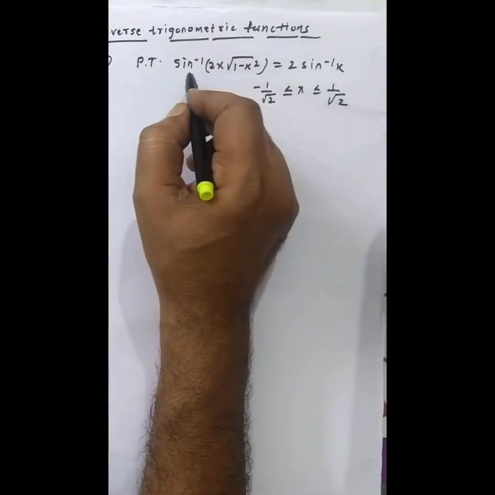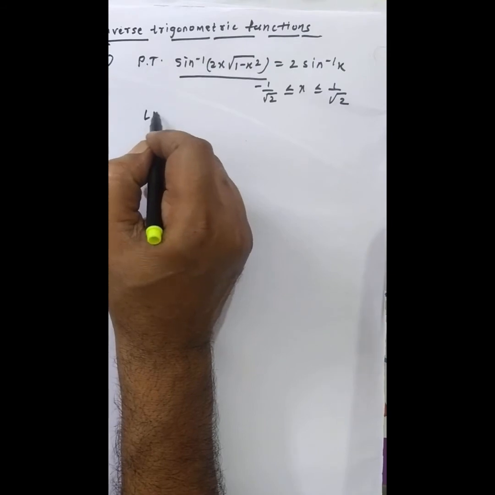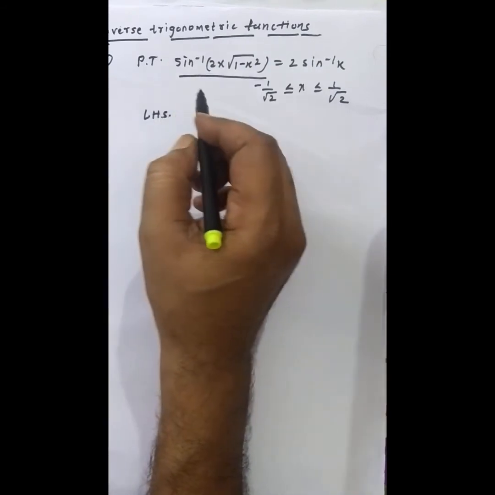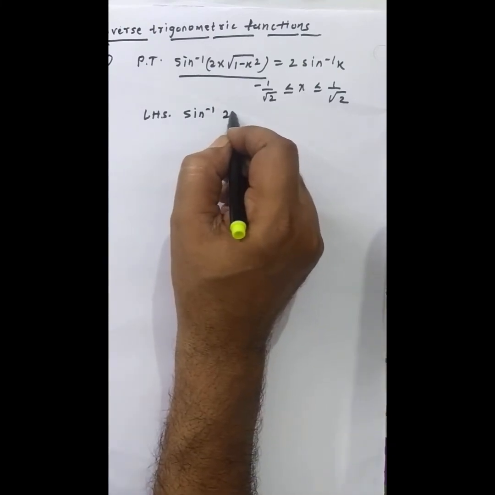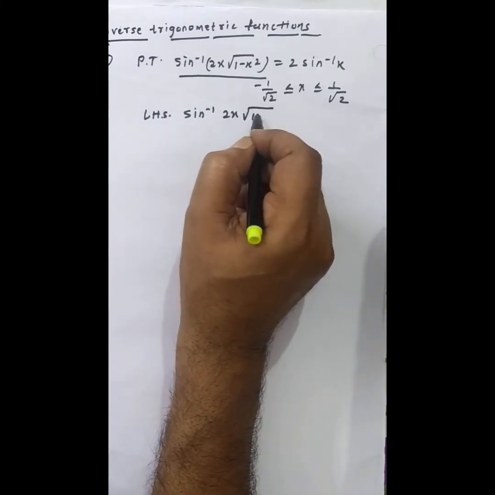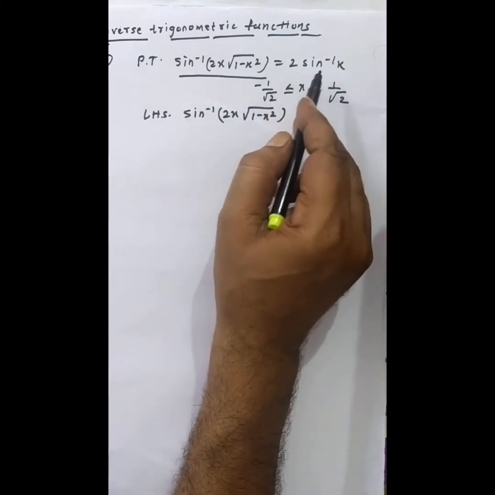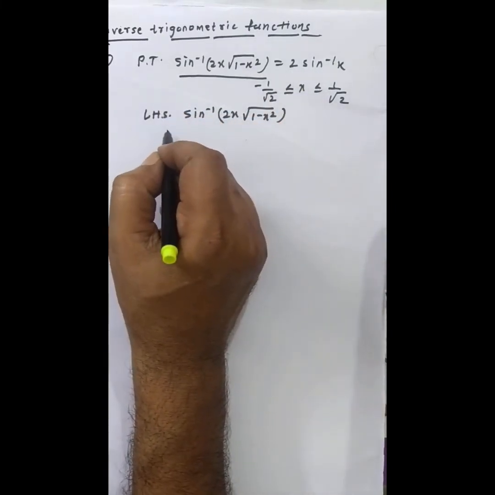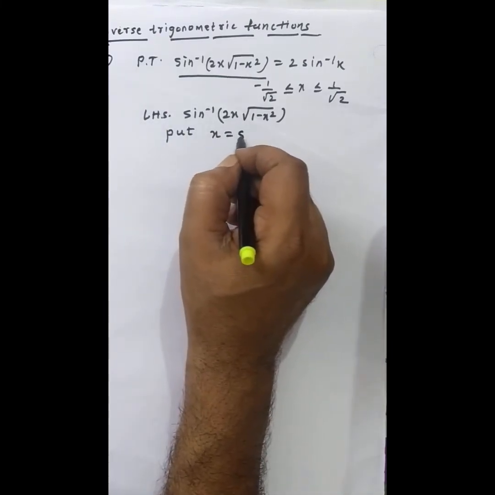So we'll take the LHS and prove it equals the RHS. LHS: sine inverse of 2x into root of 1 minus x square. On the right hand side we need sine inverse, so I will put x is equal to sine theta.